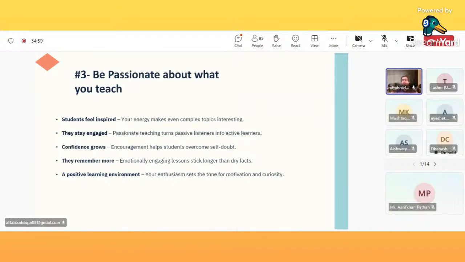When you use those techniques in your teaching style, it helps the student to remember the concept very, very well. Sometimes they don't forget the things for their whole life. So your passion about teaching the subject makes the student more and more engaged, and yes, it will create a positive learning environment.